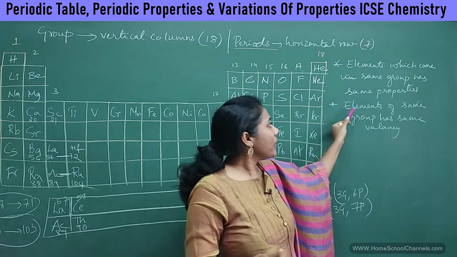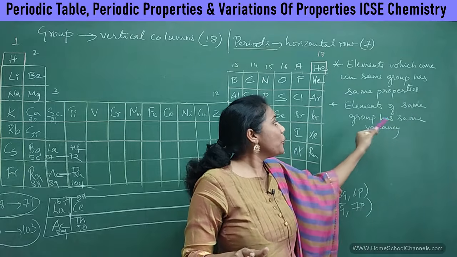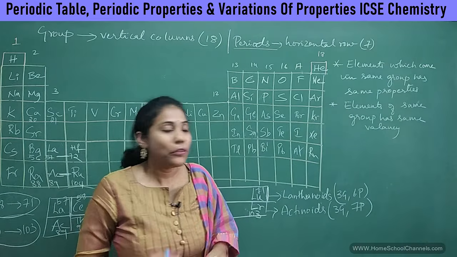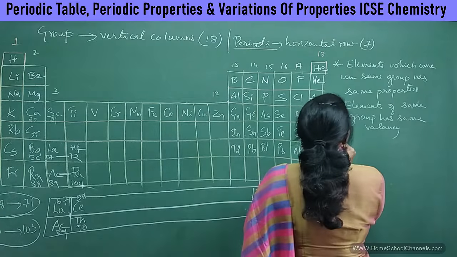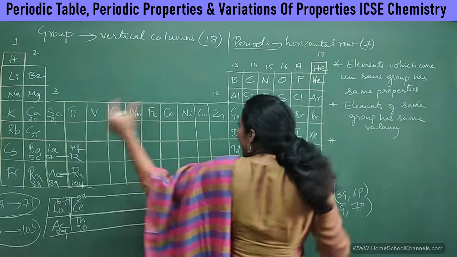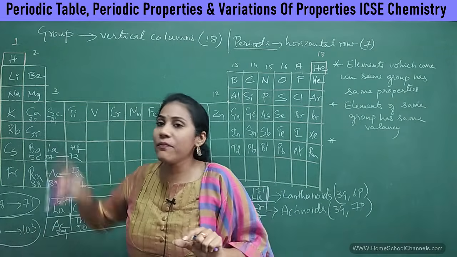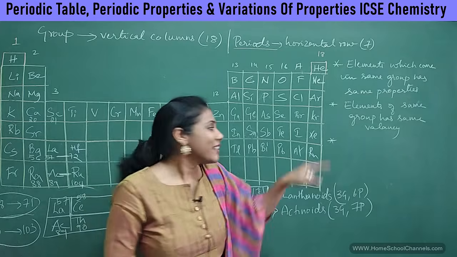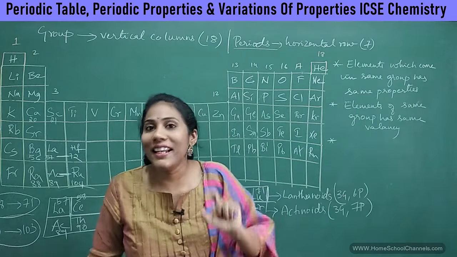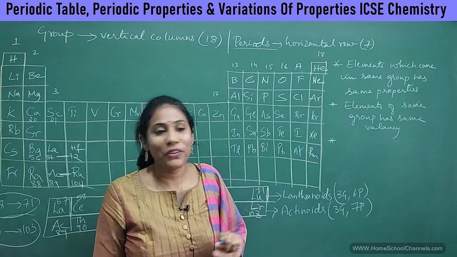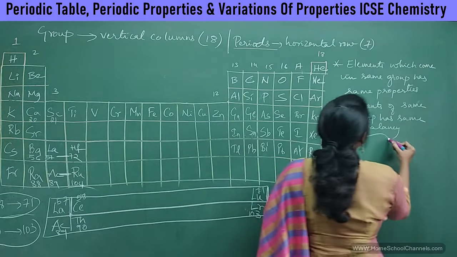So just elements which have same group has same valency. Okay, and maybe what is the reason for all this? Why they have same chemical properties? Why they have same valency? It is because they have similar electronic configuration. Okay, so what is the reason for these things?